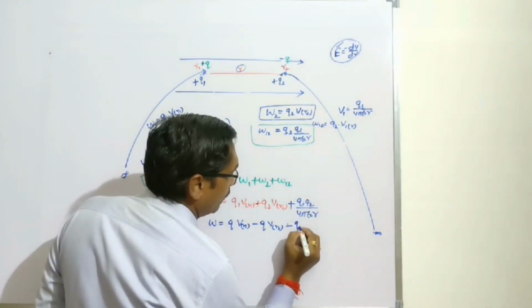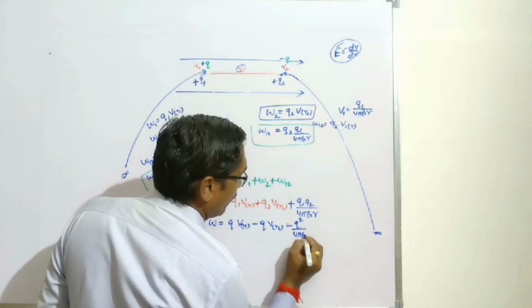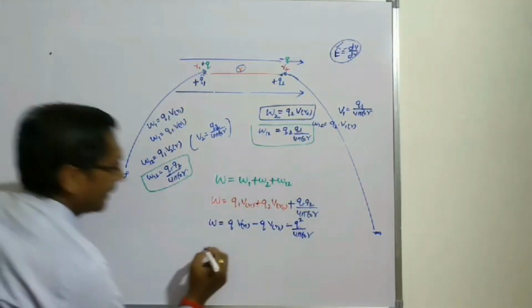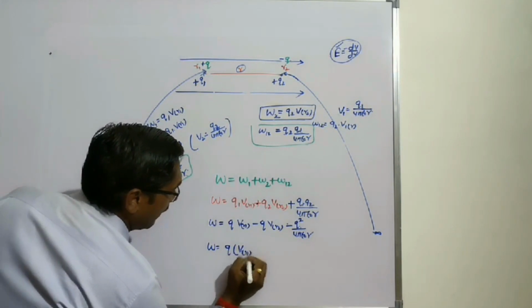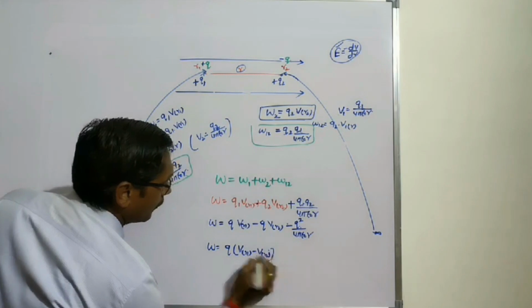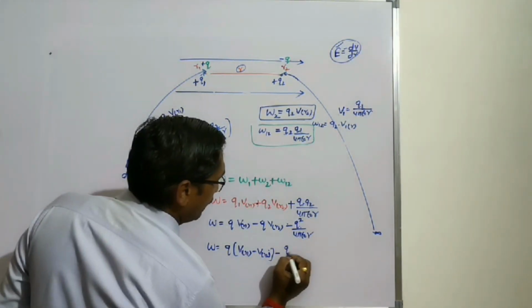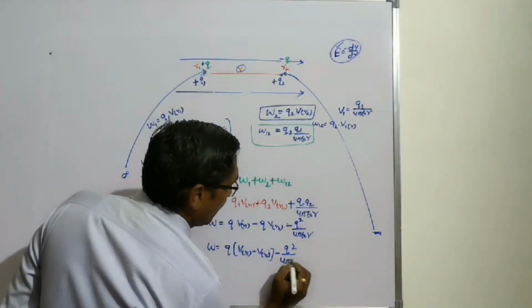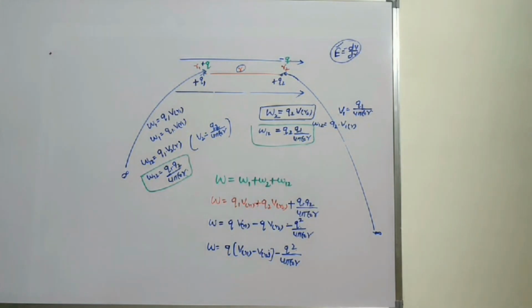So Q1 into Q2 gives Q square upon 4 pi epsilon naught R. So we get the expression W equals Q times V(R1) minus V(R2), minus Q square upon 4 pi epsilon naught R.